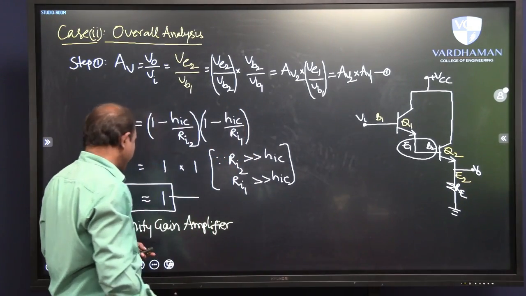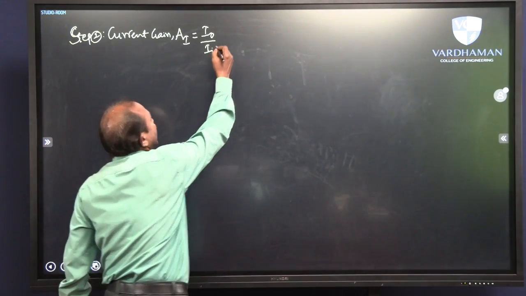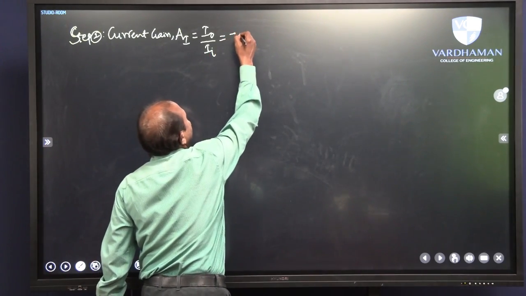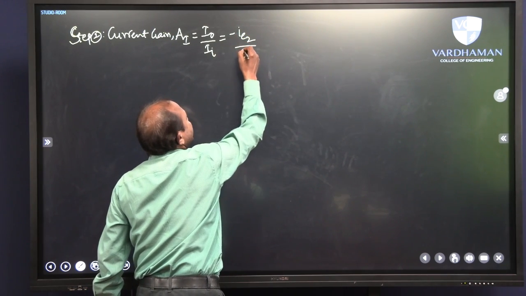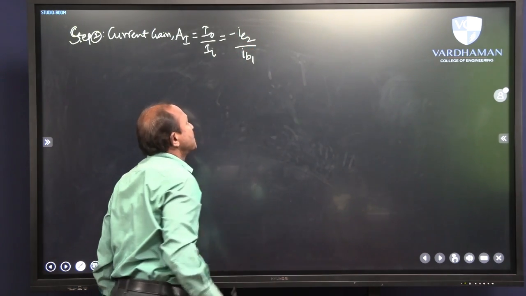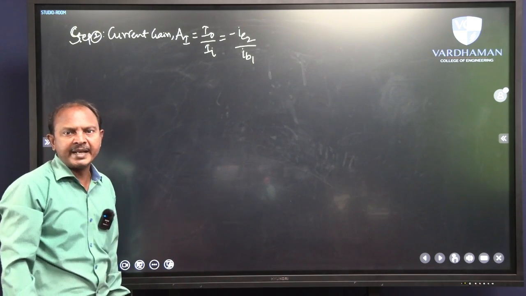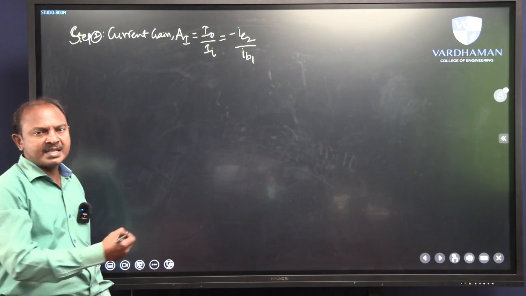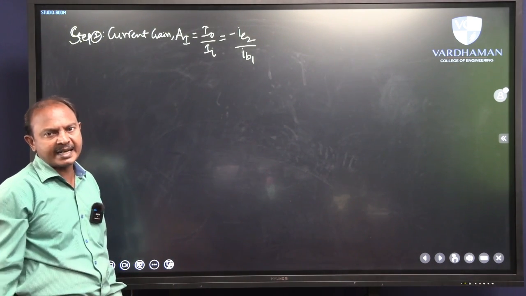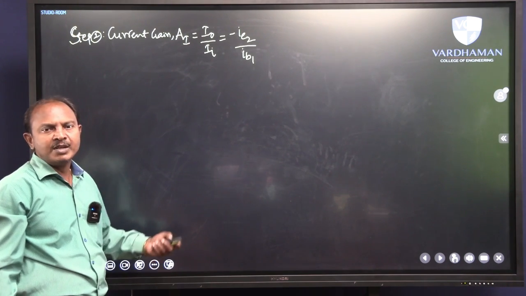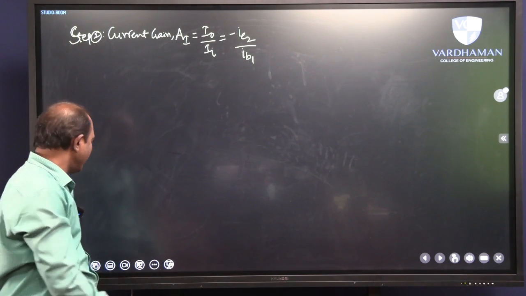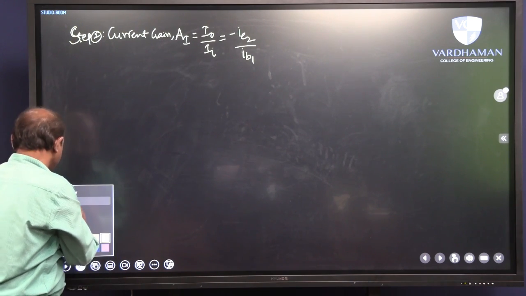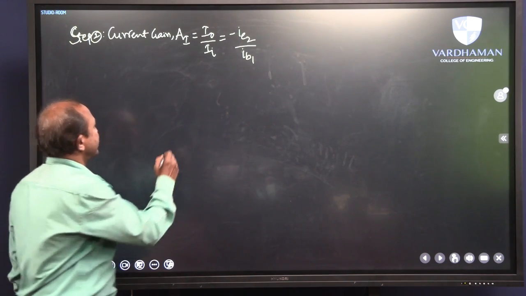So we can write the Io value as minus IE2 and Ii value as IB1. Minus IE2 by IB1 is the equation for overall current gain. But unfortunately, we don't have a direct formula for minus IE2 by IB1. That's why let us rewrite this equation like this.